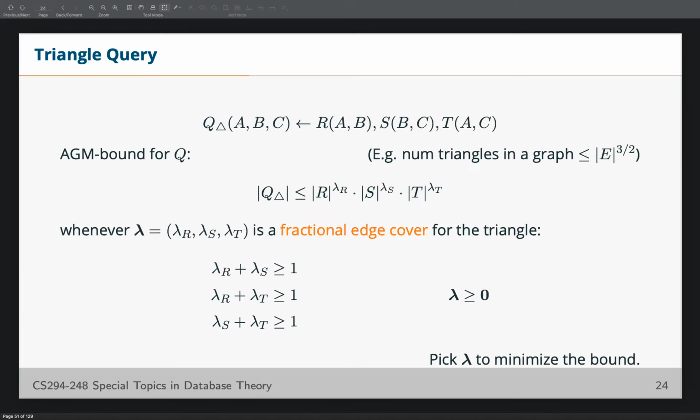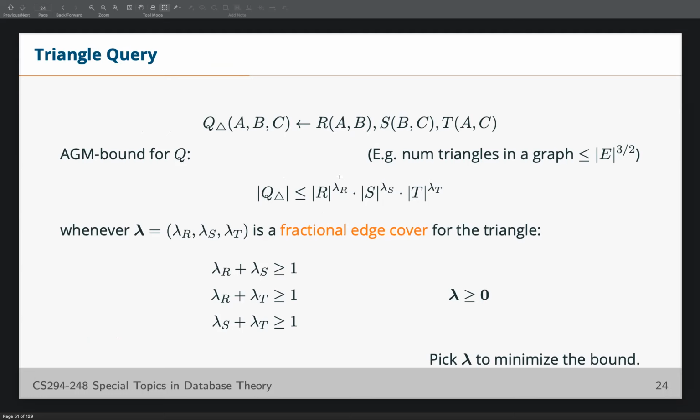All right, so why do we need it? Let's go back to the triangle query with the AGM bound for the moment. Last time Dan showed you that the number of triangles in the given query is bounded by r to the lambda r times s to the lambda s times t to the lambda t.